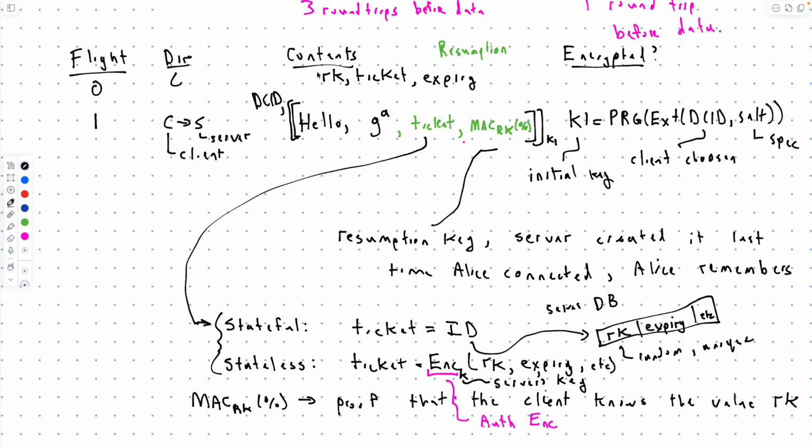So this is stored in the client browser, and it's only for resumption. It's only if you're reconnecting. So let me put that in green, because we're using green as the resumption part.